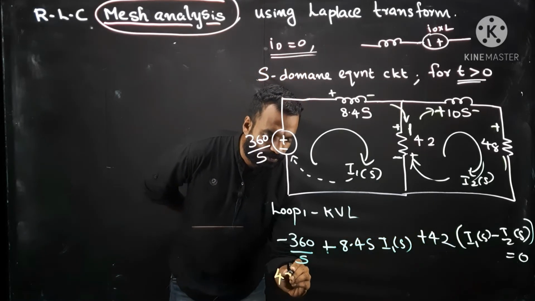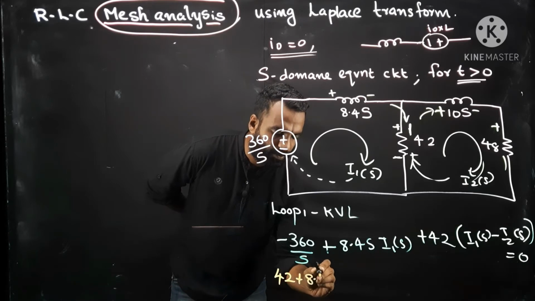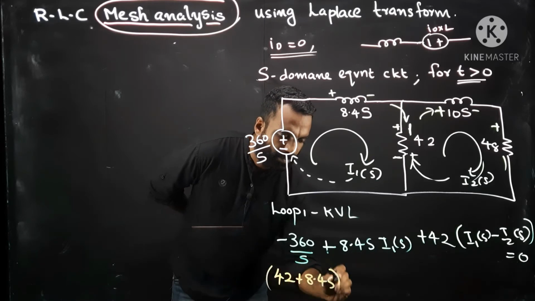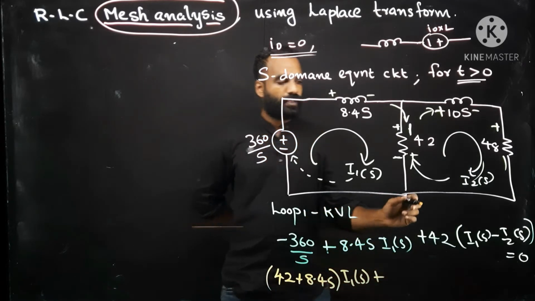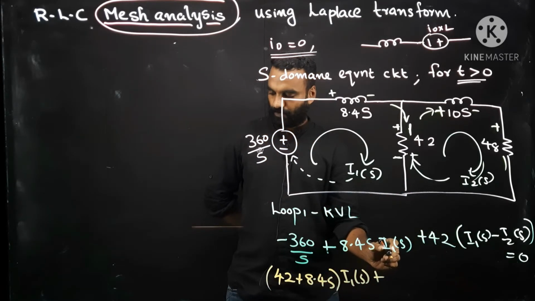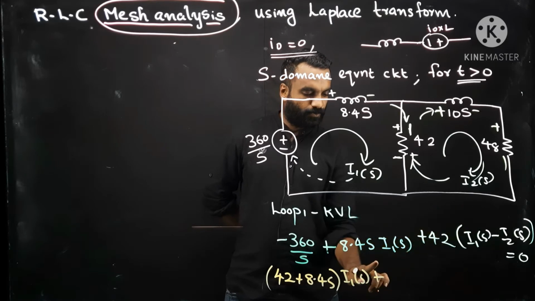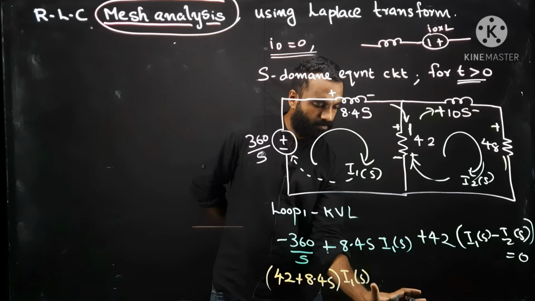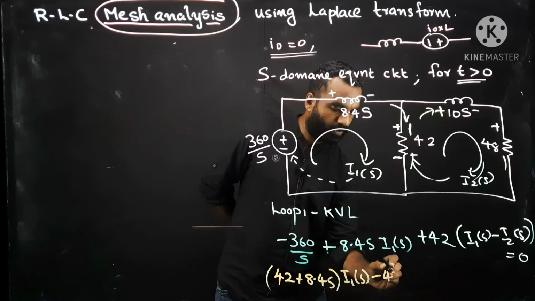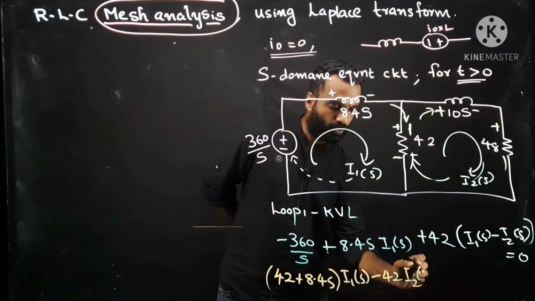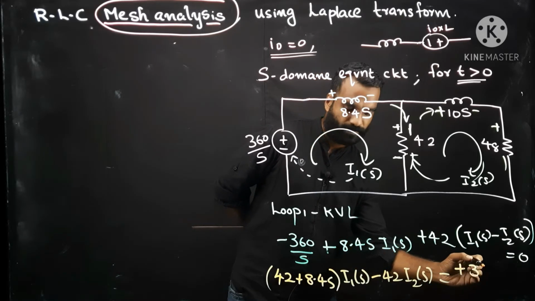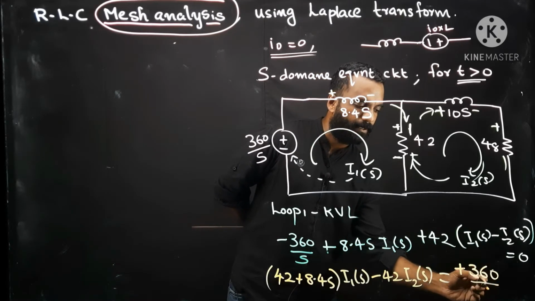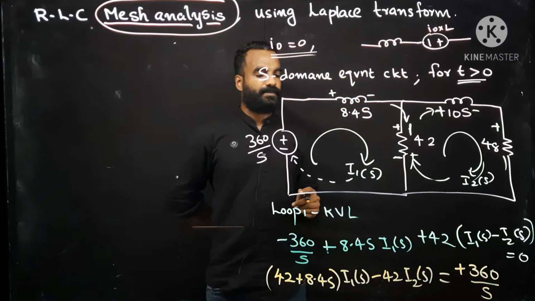So 42 plus 8.4S into I1 of S, plus for I2 of S, it is just minus 42 into I2 of S, is equal to, taken to the right side, plus 360 by s.